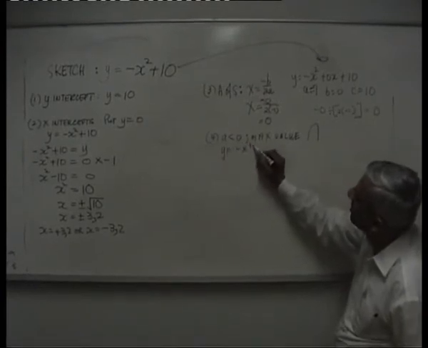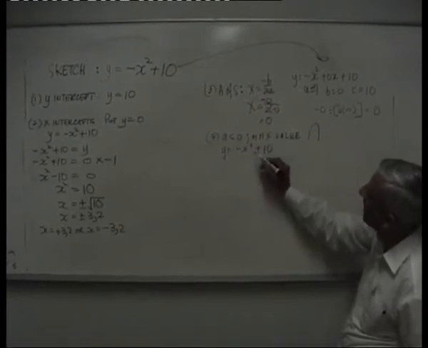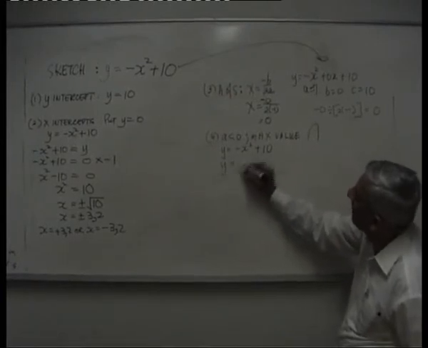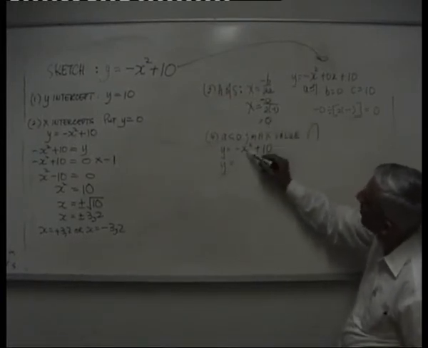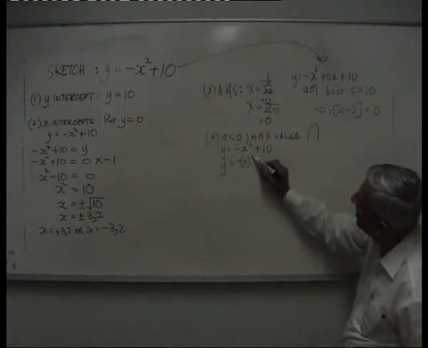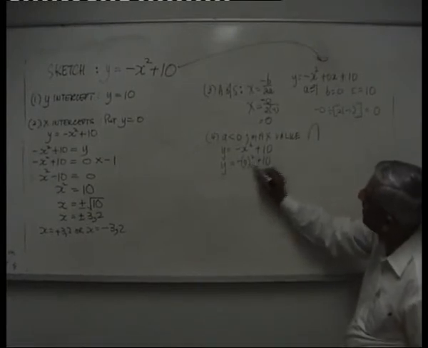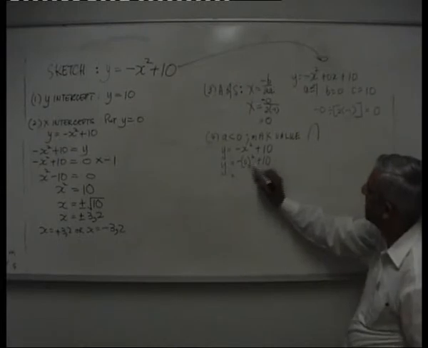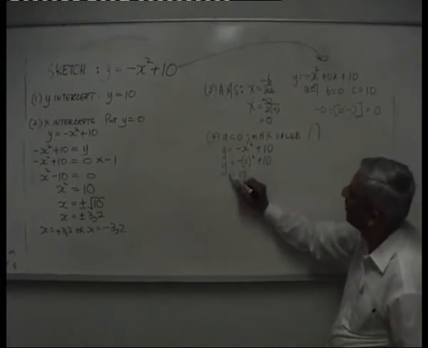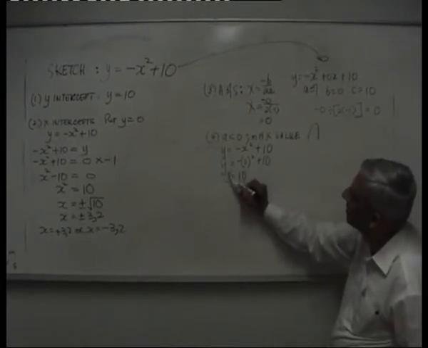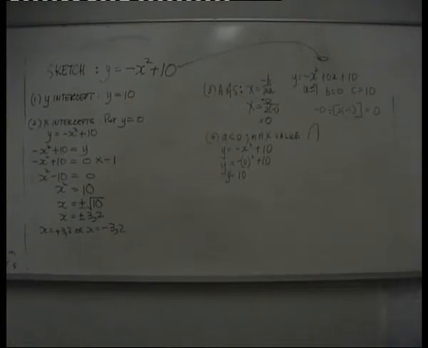The original question was minus x squared plus 10. The axis of symmetry is 0, so you put 0 where there is x. Minus 0 squared plus 10. Put this in your calculator, exactly how it is, and you will end up with y is equal to 10. So the maximum value is y is equal to 10.